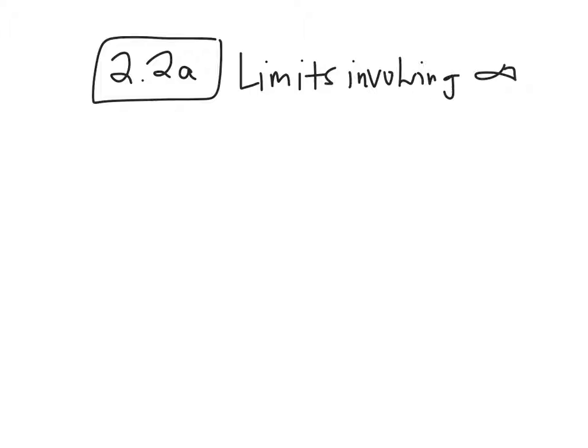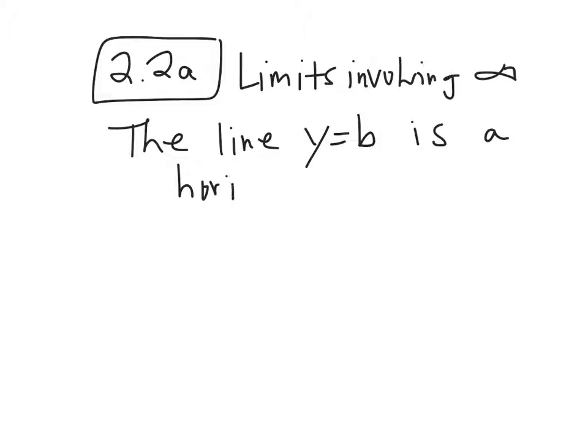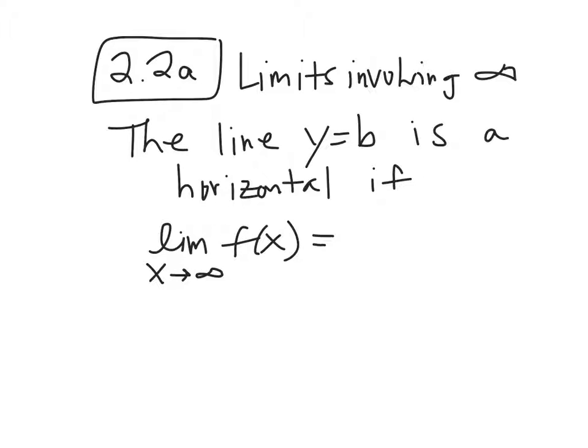It says here, the line y equals b is a horizontal asymptote if the limit as x goes to infinity of f of x is equal to b, or the limit as x goes to negative infinity of f of x equals b.